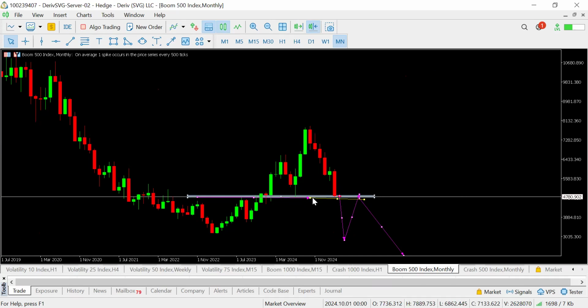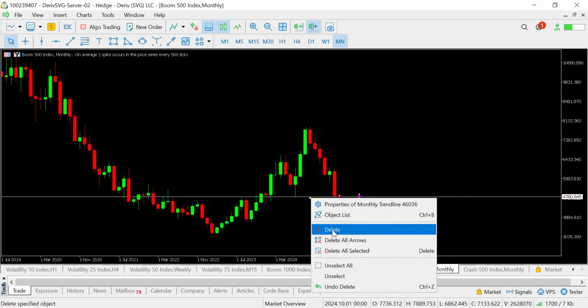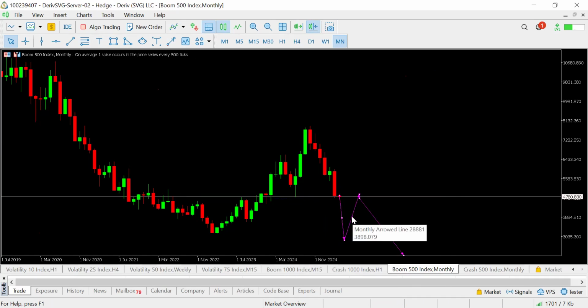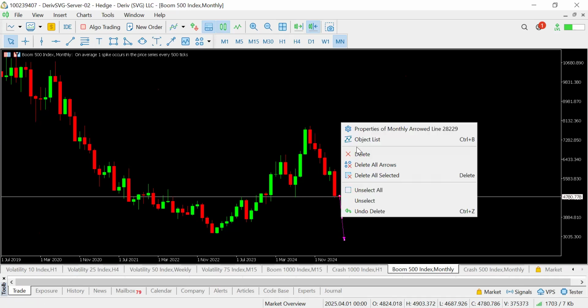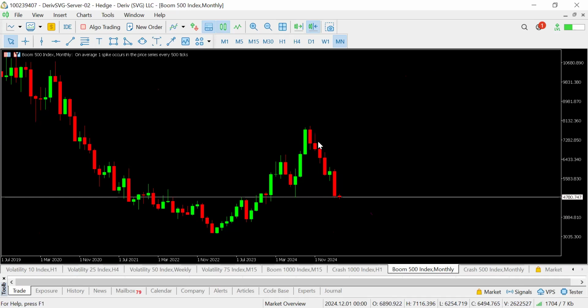So, merely looking at this, even in the monthly time frame, we can see that though the market is still in an uptrend, it is at a very strong key point of interest. What do I mean? It simply means that for the past 1, 2, 3, 4, 5, 6, 7 months, the market has been moving downward. So if we go to any other time frame now, we're likely to see that the market is in a downtrend.